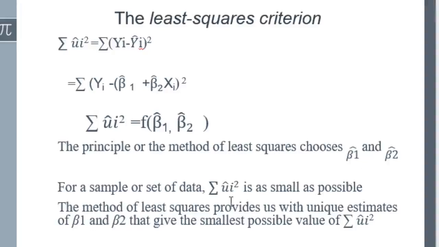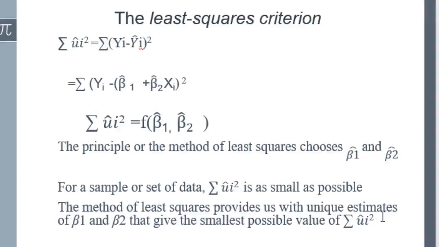From this, the least square method will provide unique estimates of beta 1 cap and beta 2 cap, and it will give the smallest possible value of sigma ui cap square. That is, the error must be minimum. Error means the deviation of the estimated value from the actual value. If the deviation is higher, then it is not near to the population regression function.